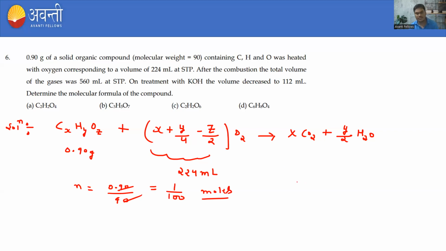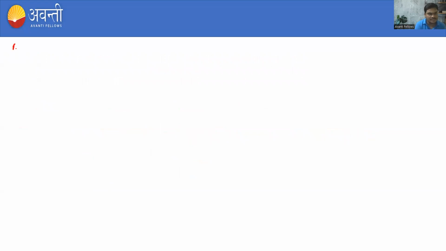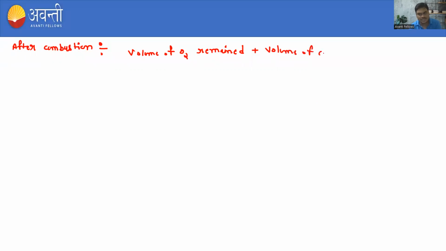Now, after combustion, what do we have? After combustion, volume of O2 remained plus volume of CO2 is equal to 560.